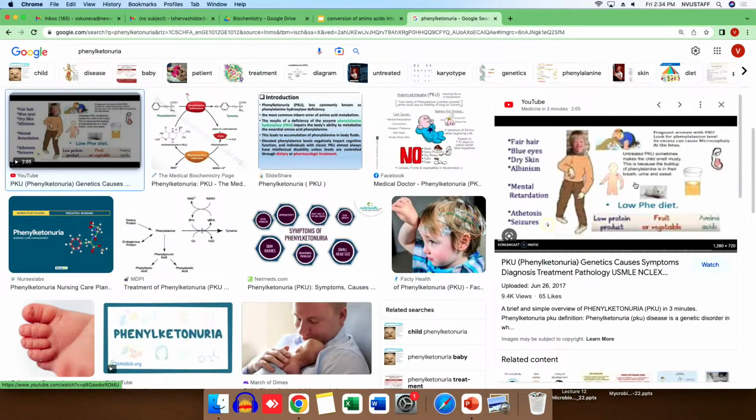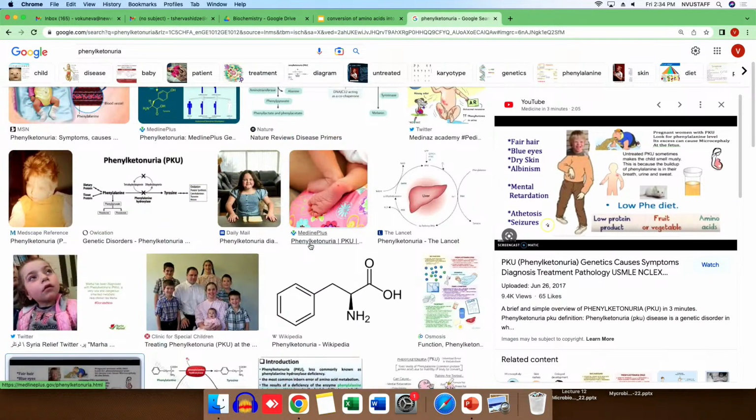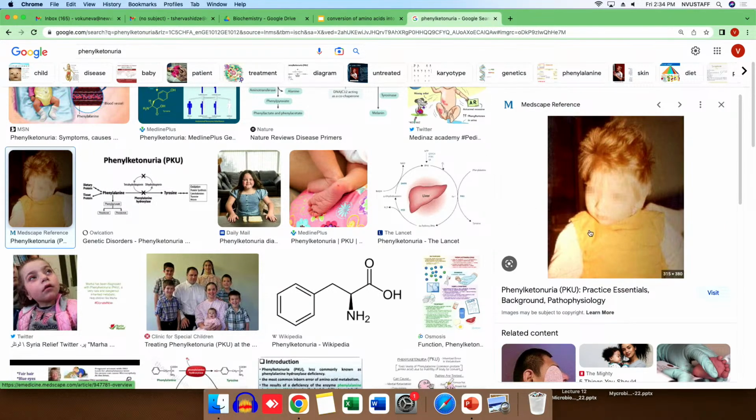Compared to that baby, if you look at the face and facial expression, probably that baby was not treated on time. And what we have here is probably a severe case of phenylketonuria. Hair looks pale blonde, and the baby looks very pale.